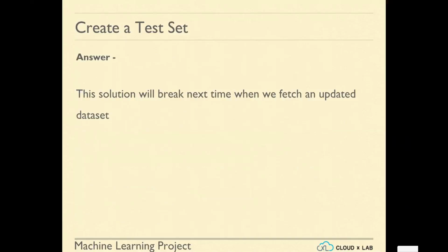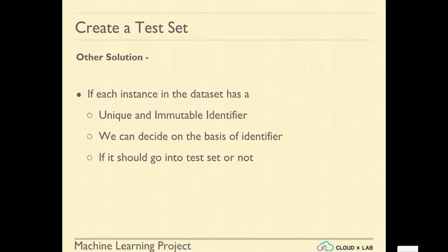So we tried to identify an identifier in the data set, so that even if the data is changing or updating, the older records having some identifier will always go into the same set, whether training or test.